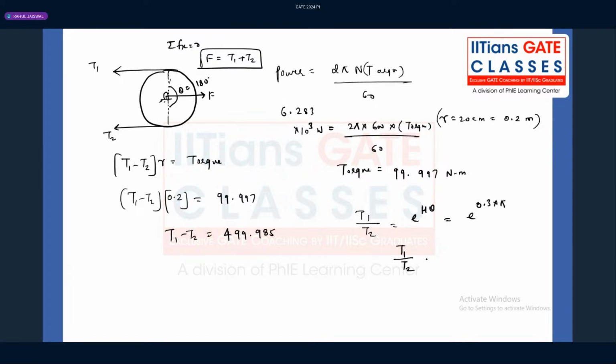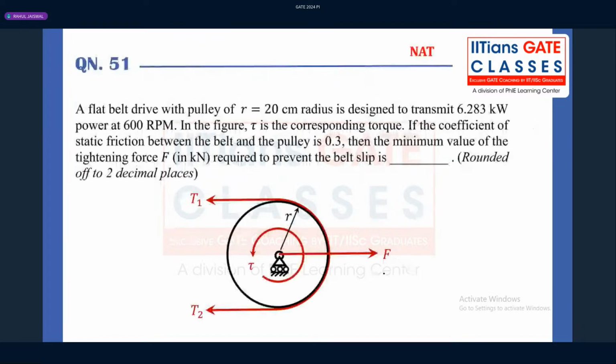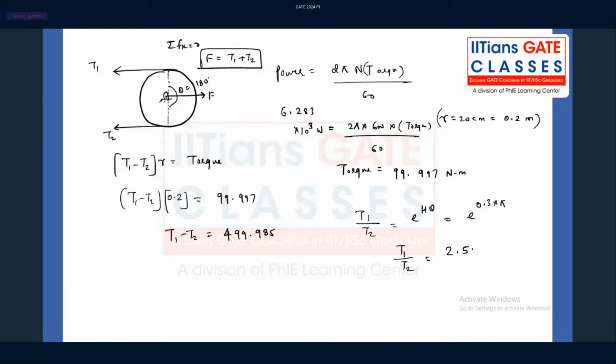So what is the T1 by T2? What is the value, guys, here? e to the power 0.3 into pi should be 2.566.